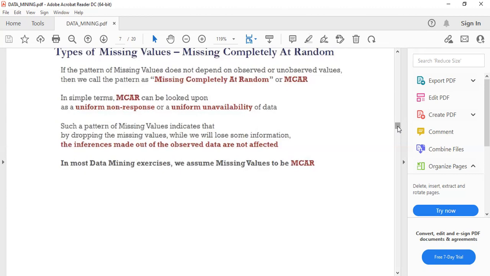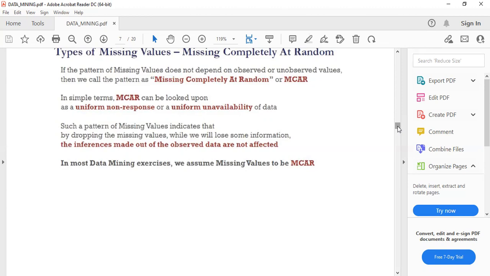Uniform non-response or uniform unavailability of data means you cannot know the reason. The probability of being missing is the same for all the observations you are going to collect here.